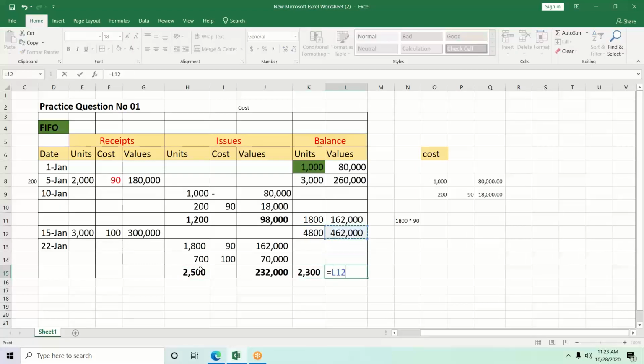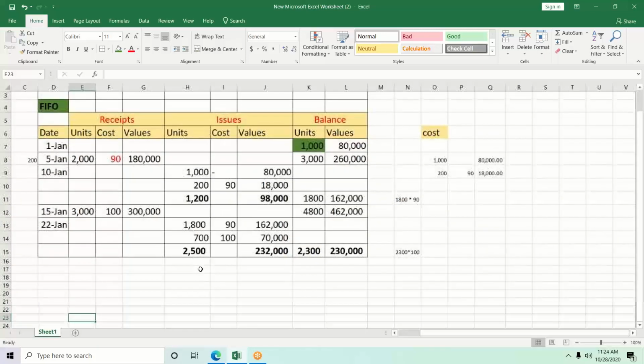Here you had 462,000, of which 232,000 has been issued, and 230,000 remains. How did this 230,000 come? 2,300 into 100. Because in the FIFO method, what remains is always the most recently purchased goods, the 3,000 units at 100. So definitely this 2,300 consists of units at 100. Is it clear for you? Yes, right. This is what the stores ledger is.